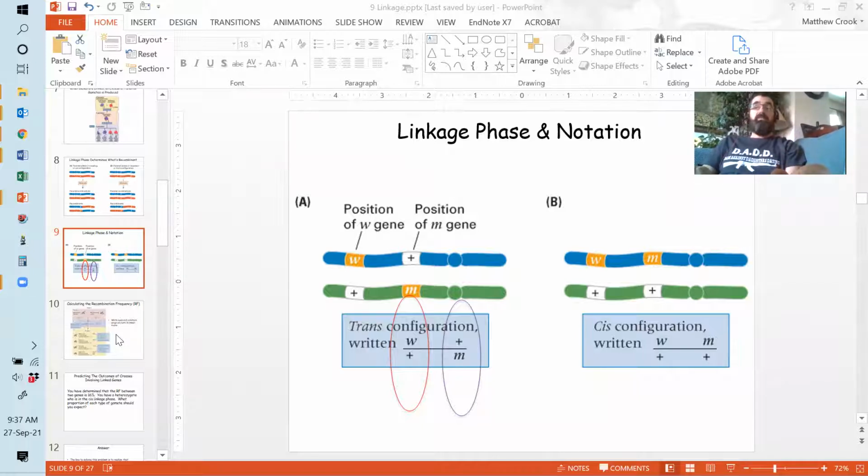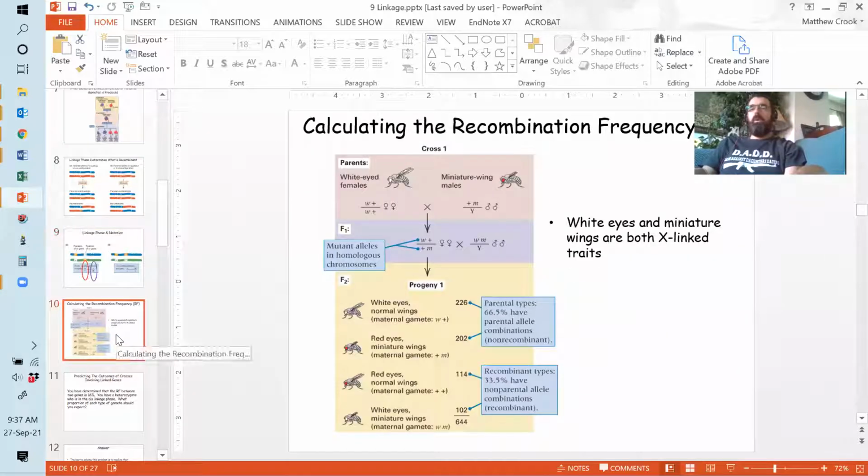So all you need to do to figure out distance, at least map distance, and map and physical distance aren't exactly the same, we'll get into reasons why, but generally speaking they are, all you need to do is work out the percentage of recombination by putting the number of recombinants over the number of offspring in total.